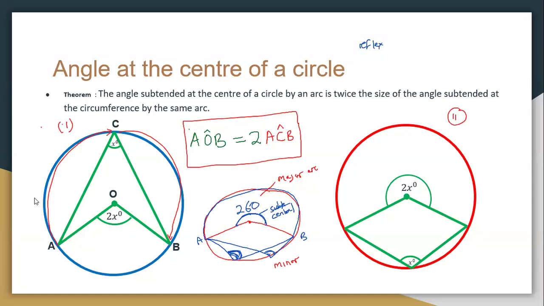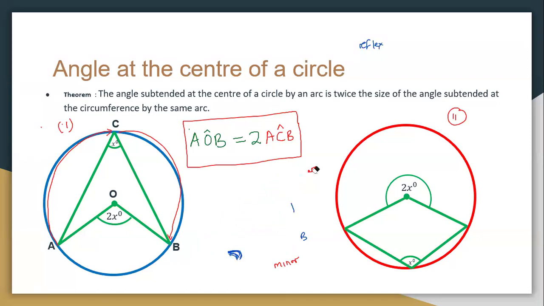Now that is the theorem, so the diagram can come based on that. What you need to do is always check and ask yourself which theorem has been applied. For this one, theoretically, I'll write it.